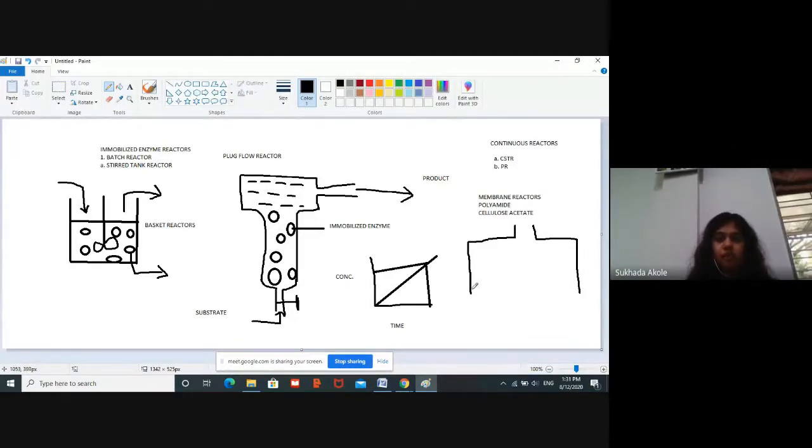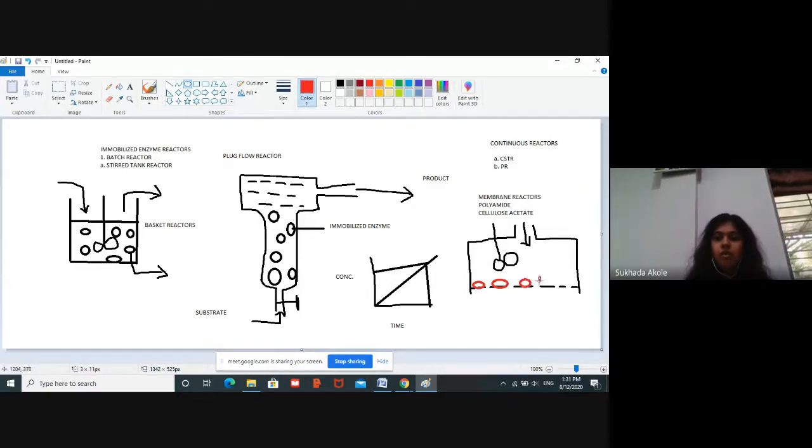So this is my membrane, here is my stirrer, and from here my substrate will enter. I have immobilized my enzymes on these matrices here, so they are attached to this membrane.